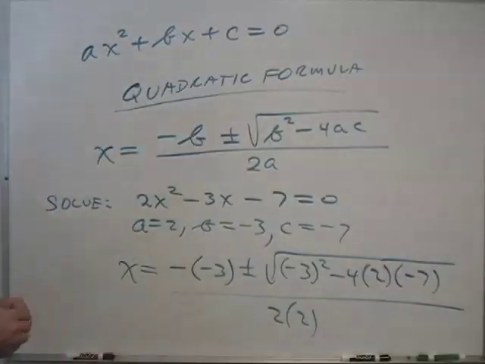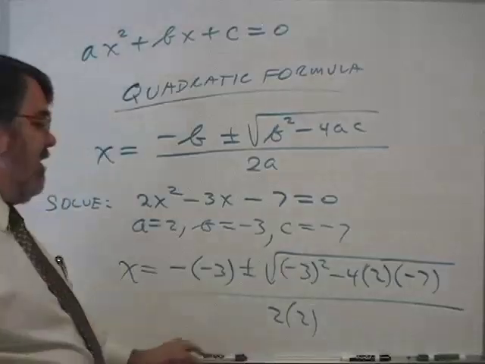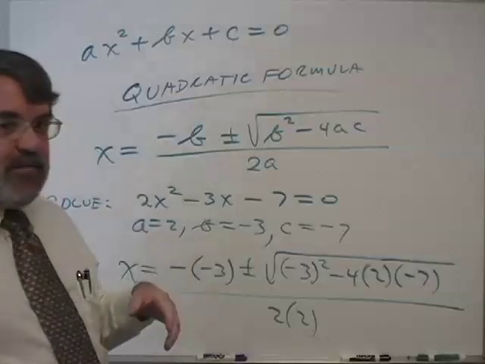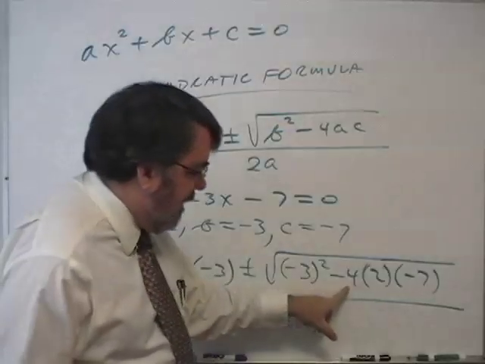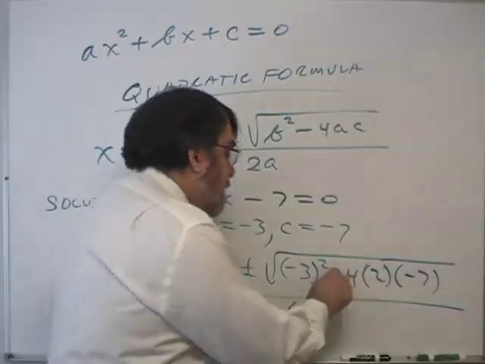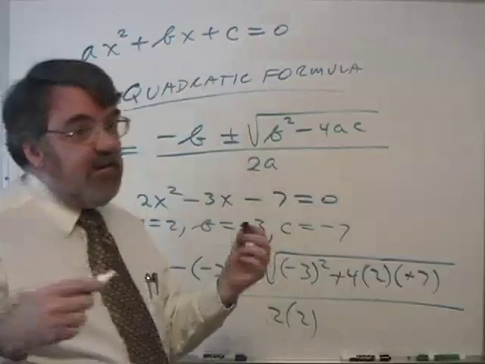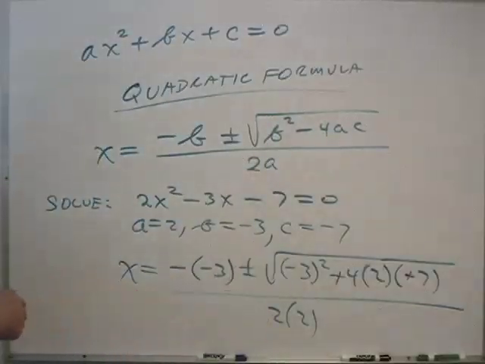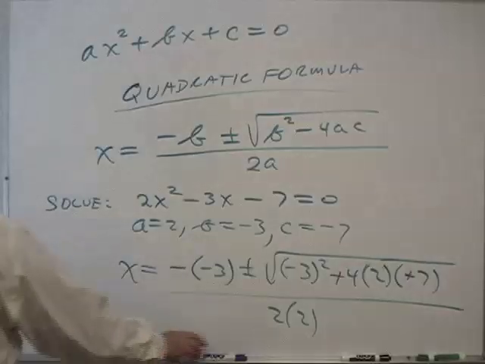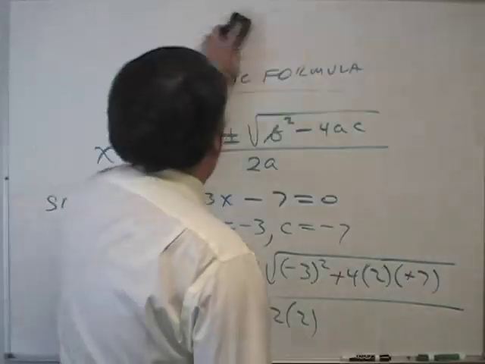So it's very nice to have this formula because we can just plug numbers in, but we still have to simplify it. There are places where people screw this up. This is a negative times a negative, and so the 2 negatives will cancel. That makes everything a plus in that part.